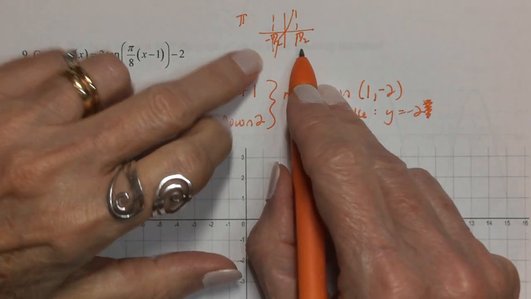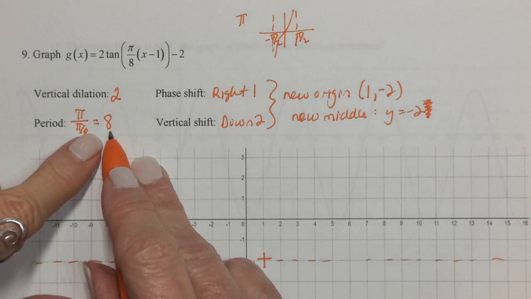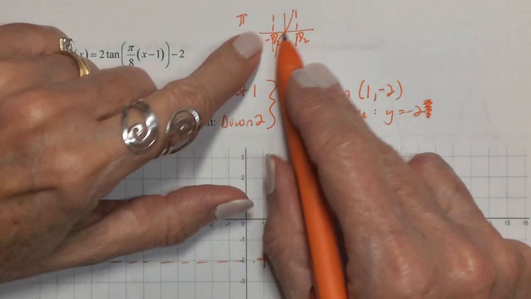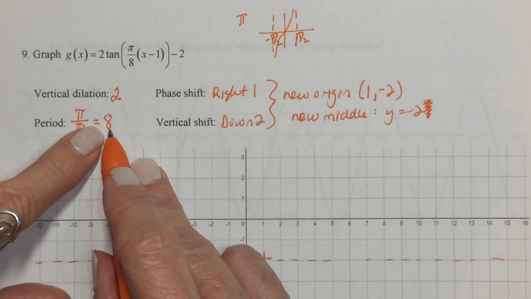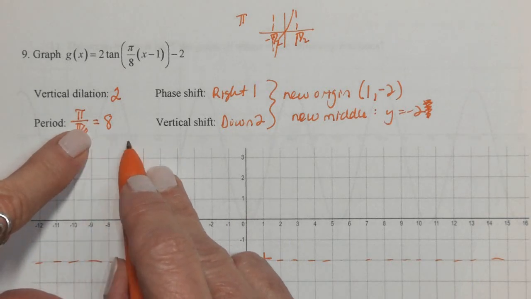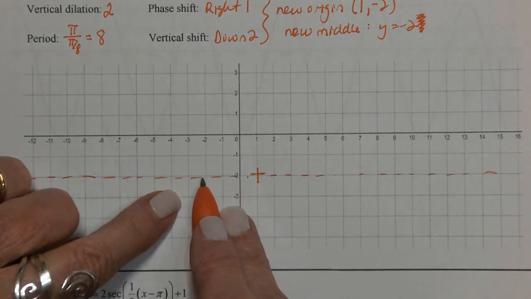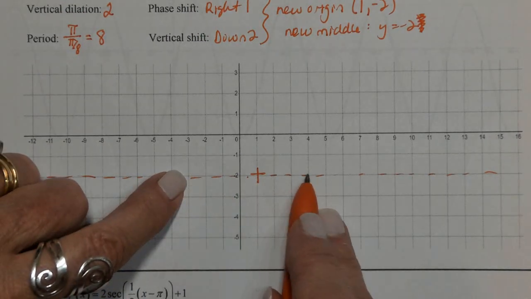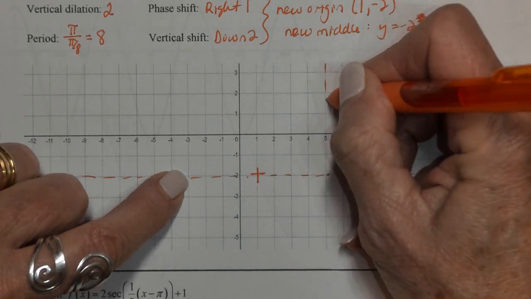That's if the period is pi. Our period is 8. So if it's pi, we go from negative pi over 2 to pi over 2. So if it's 8, we'll go from negative 4 to 4. So from my origin, negative 4 and 4 are going to be my asymptotes.